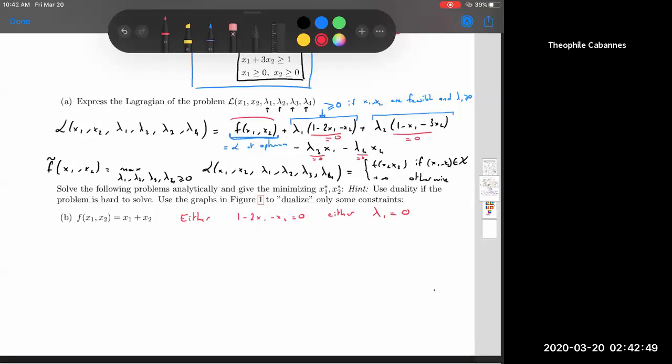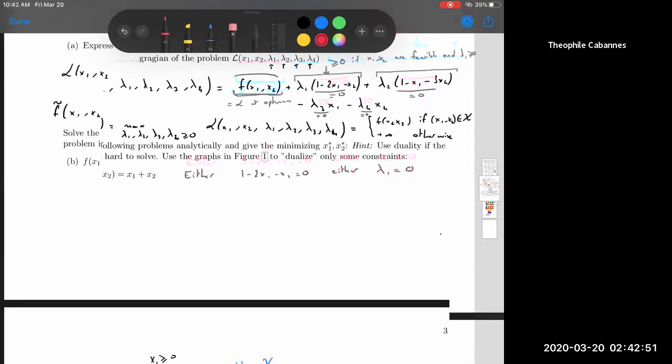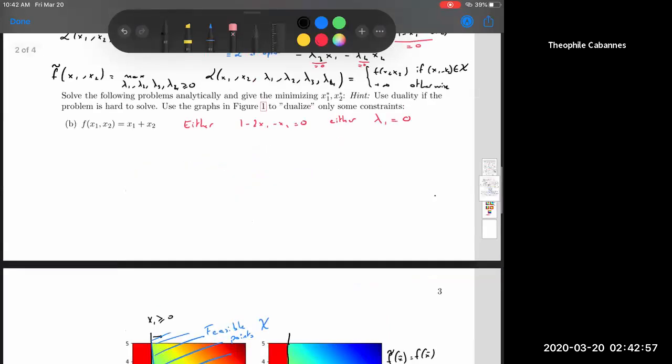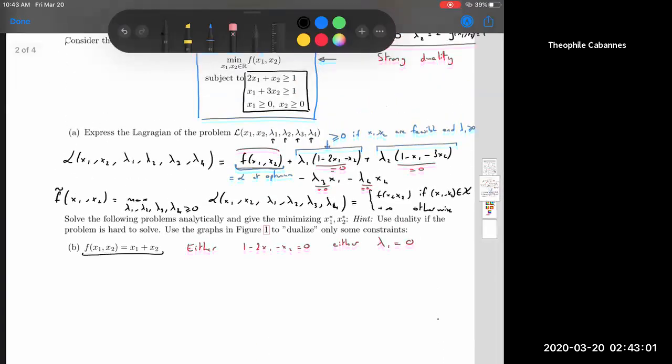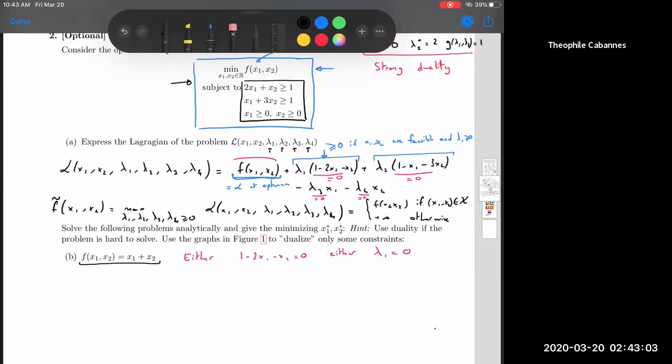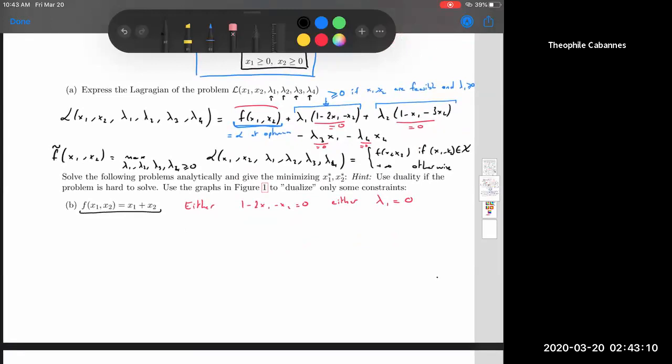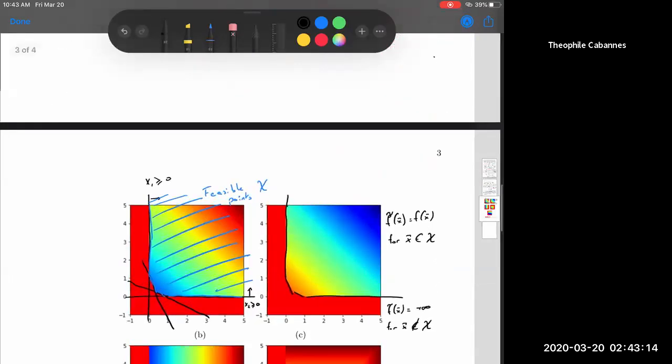And this is nice because when you have the drawing, for example, if I want to solve this problem where f of x1, x2 is equal to x1 plus x2, I can draw the level sets of the function.